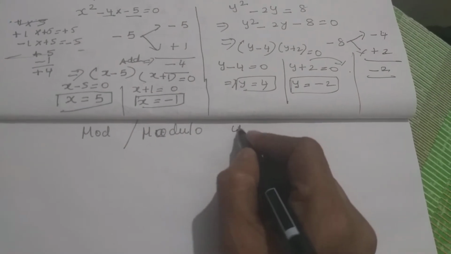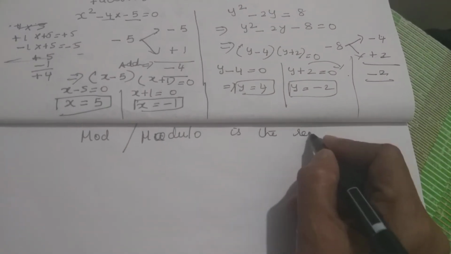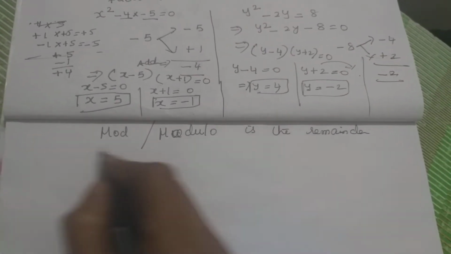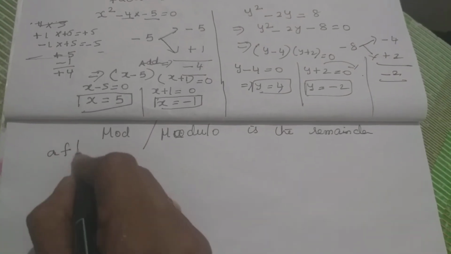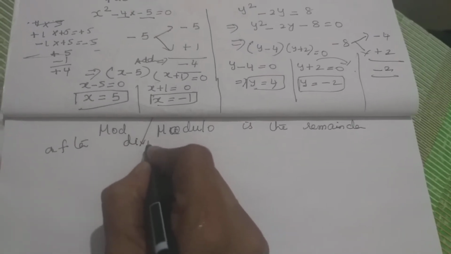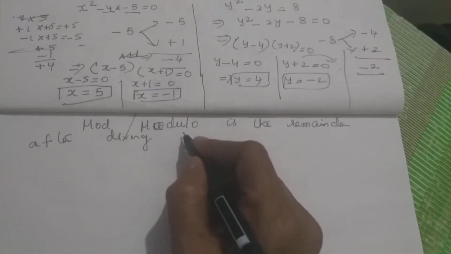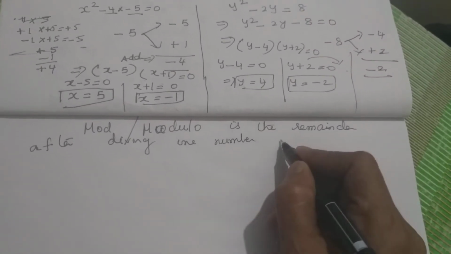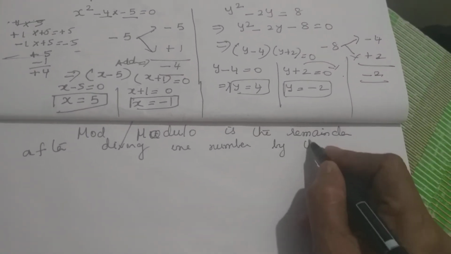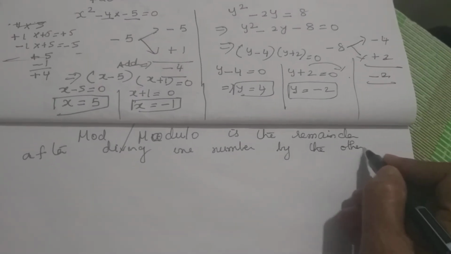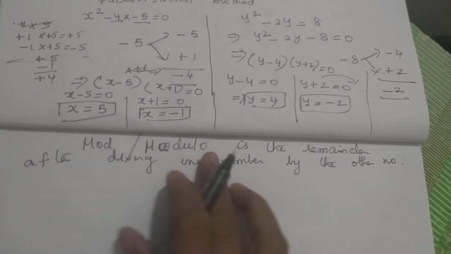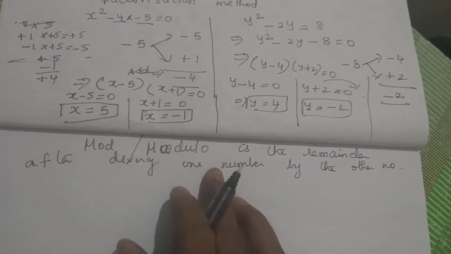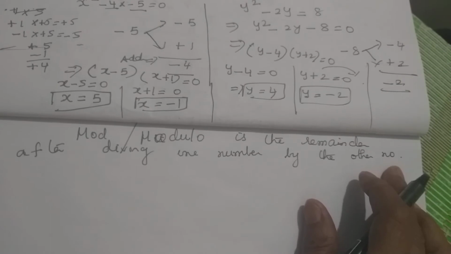This is a reminder: it is the remainder you get after dividing one number by the other number. Mod or modulo, what is that? It is a remainder after dividing one number by the other number.